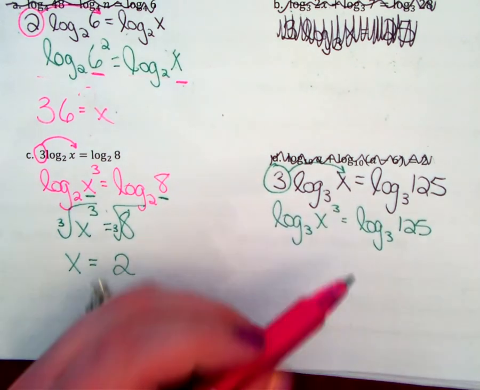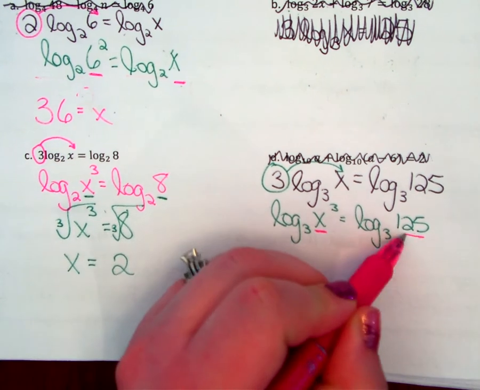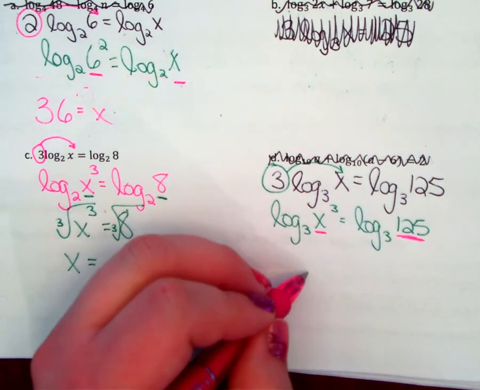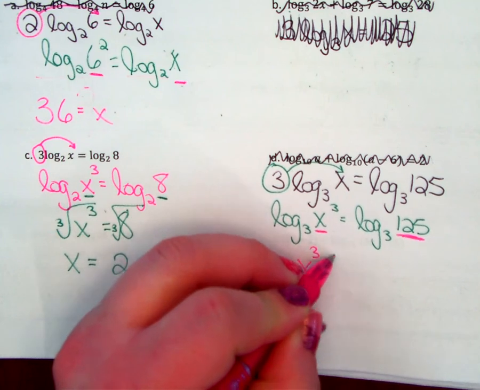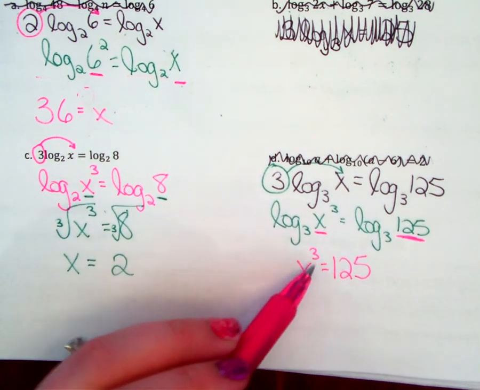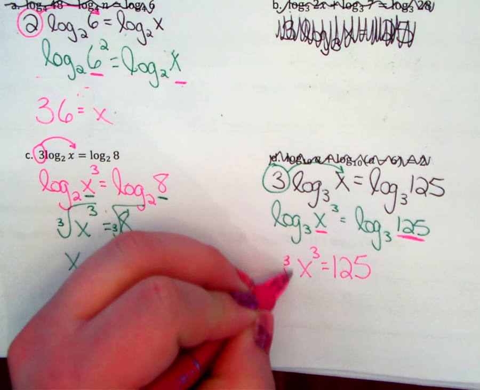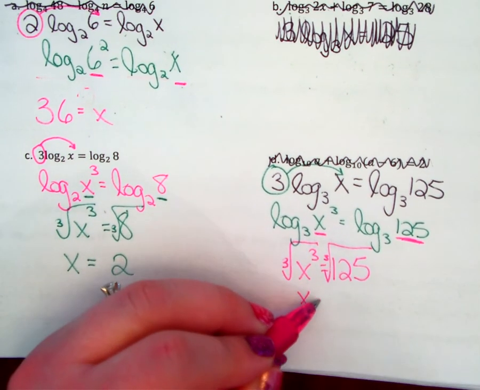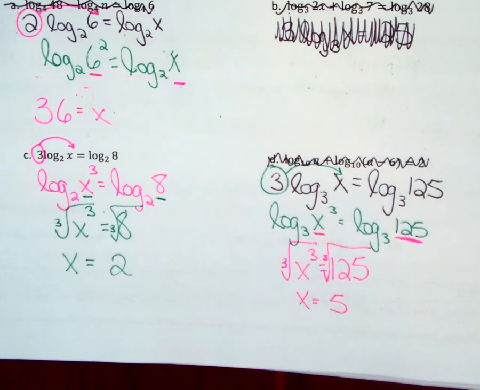Now that the bases are the same, and I have the logs alone on either side, I can set these two equal. X cubed equals 125. To get rid of a cube, you cube root. So x is equal to 5.